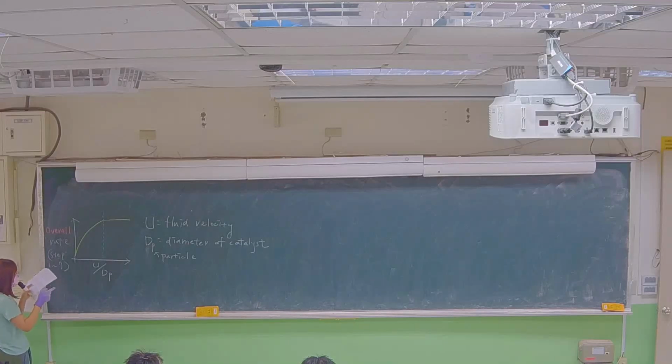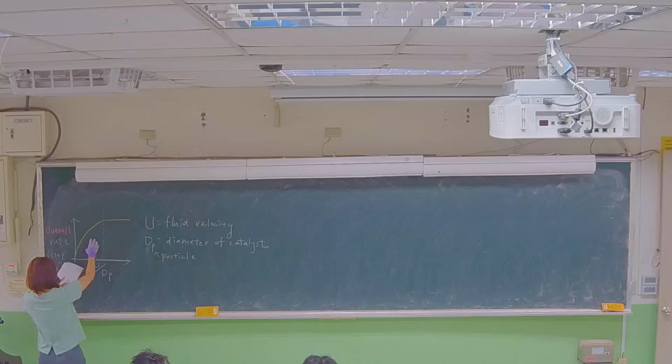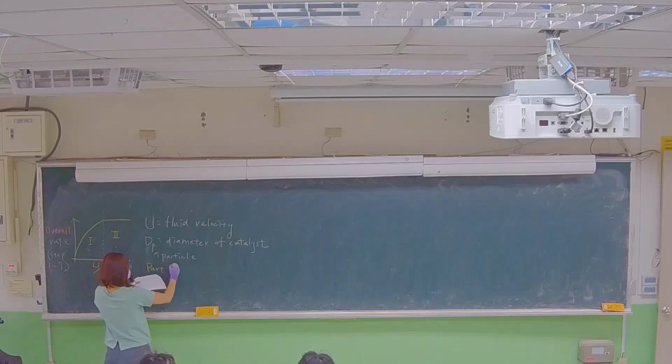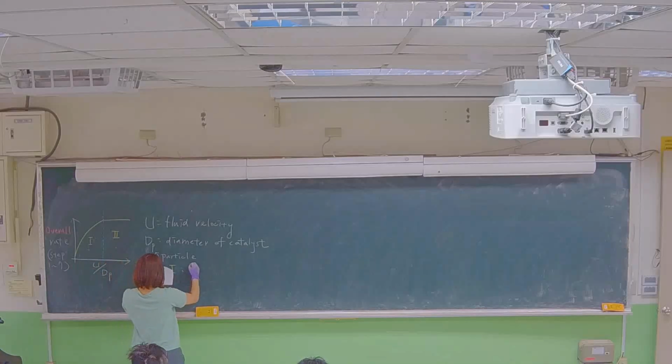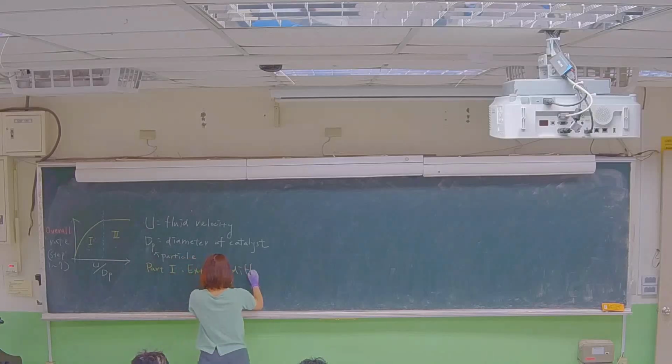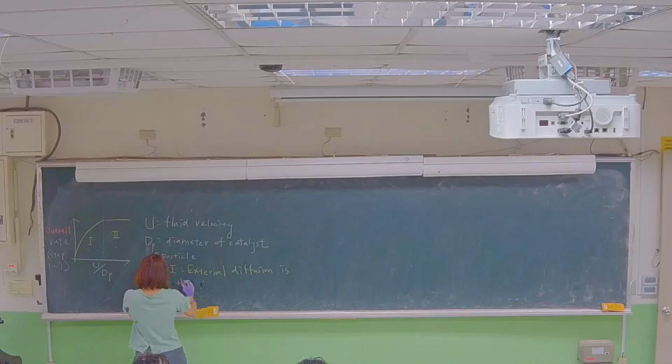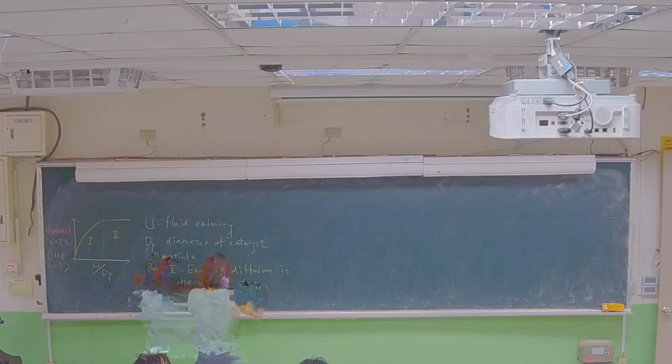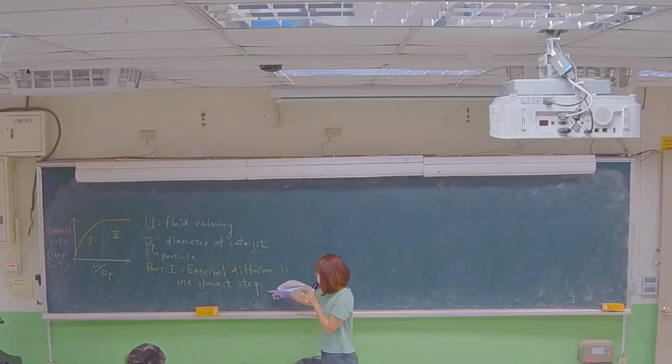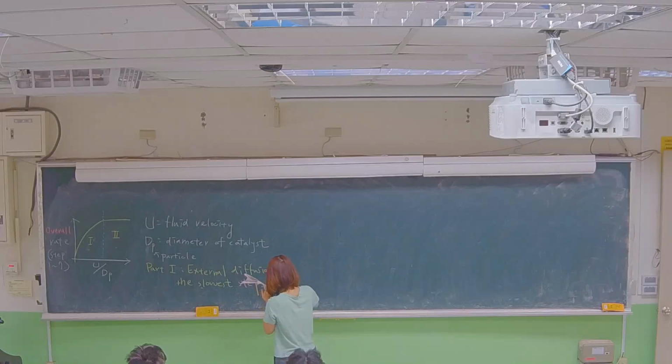If I define part 1 and part 2, for part 1, you can see from the figure, external diffusion is the slowest step, right? What is the meaning of slowest step? The slowest step means rate limiting or rate determining step.